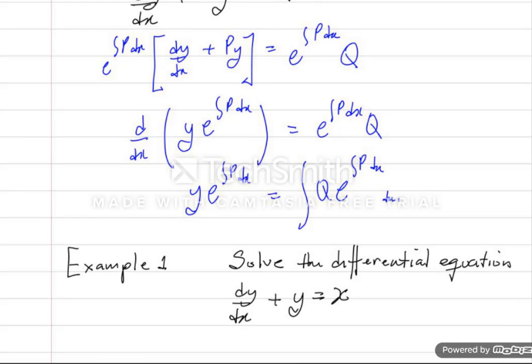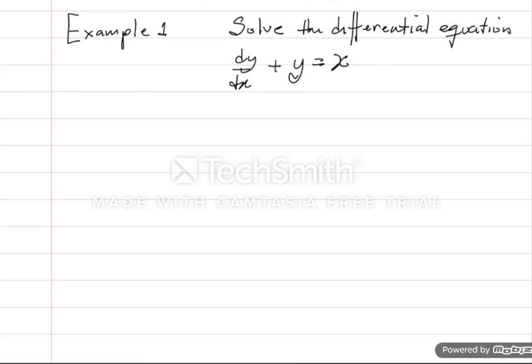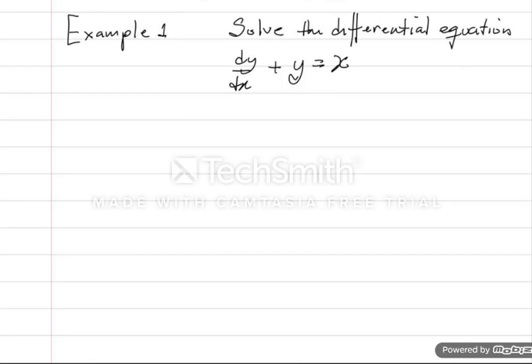Alright, let's have a look at example 1. In example 1, it says solve the differential equation dy by dx plus y is equal to x. First of all, can we see that this is first order linear?